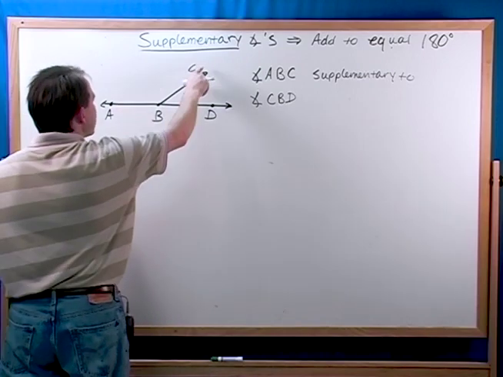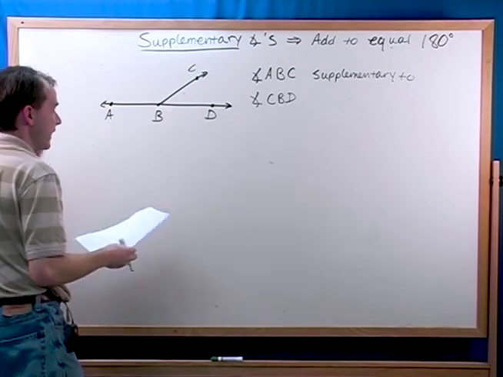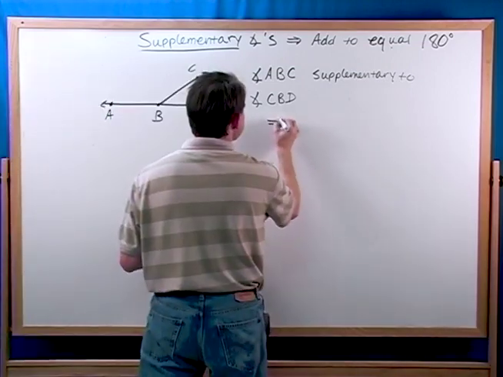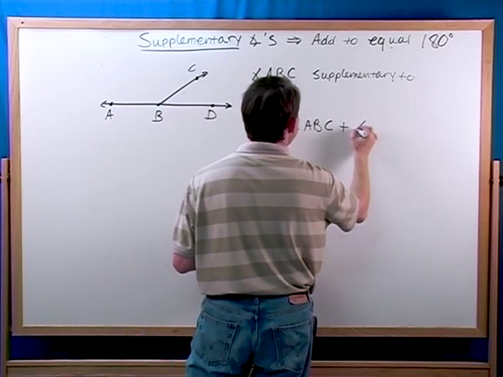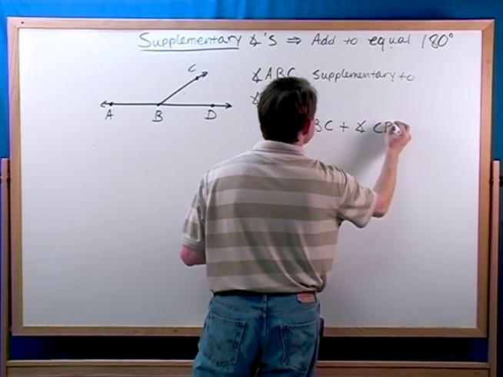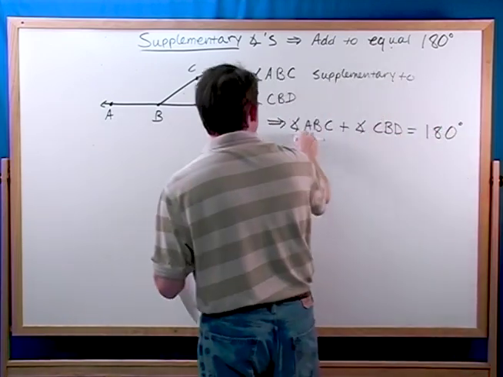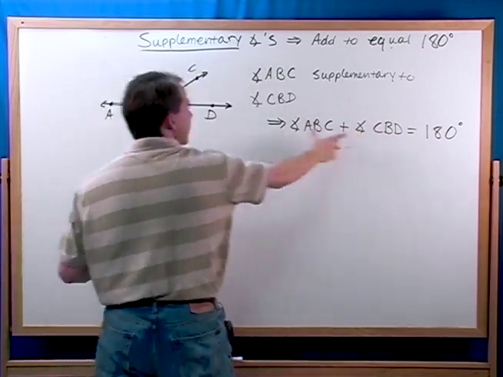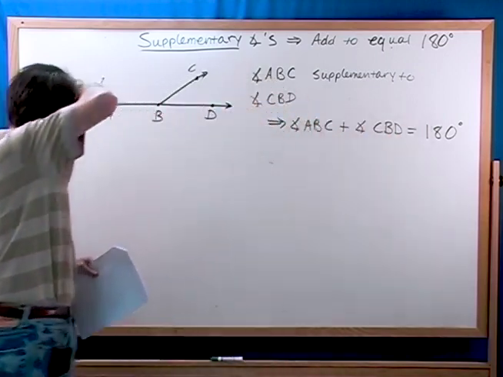So if this angle is right here and you add this angle to it, you're always going to get 180 degrees. So those two things we say are supplementary because angle ABC plus angle CBD is equal to 180 degrees. That's all we're saying.